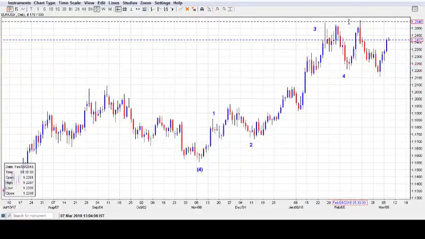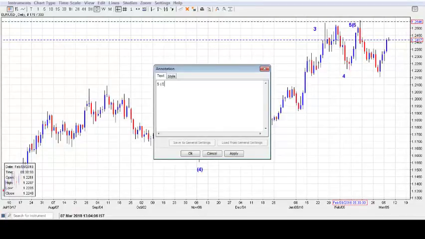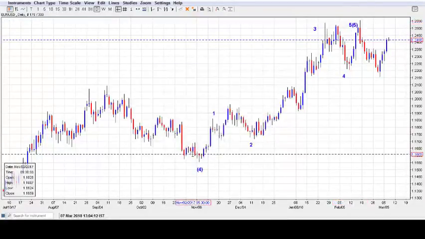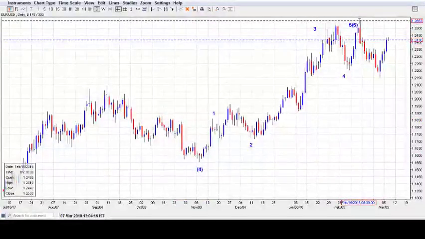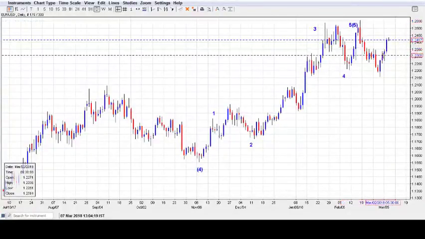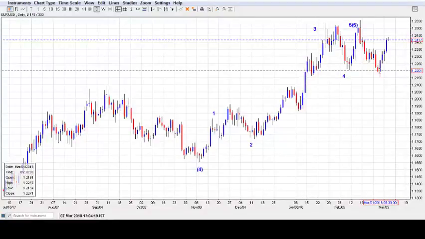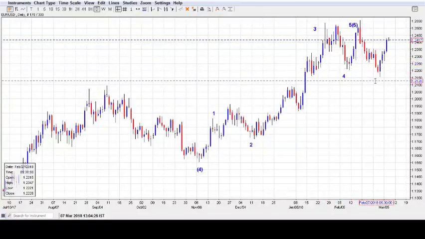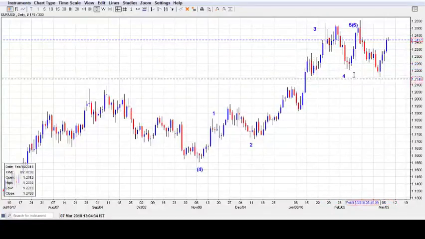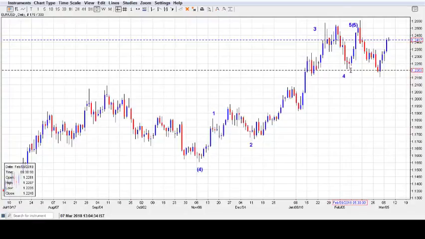That could be the fifth wave, which most of us have been anticipating since the last couple of weeks now. If you notice the drop between 15th of February and 1st of March, it's done the first leg, and meanwhile it has also taken out the support at the 2200 handle.